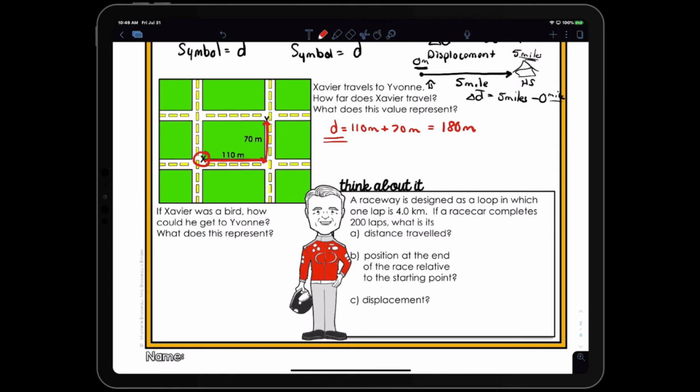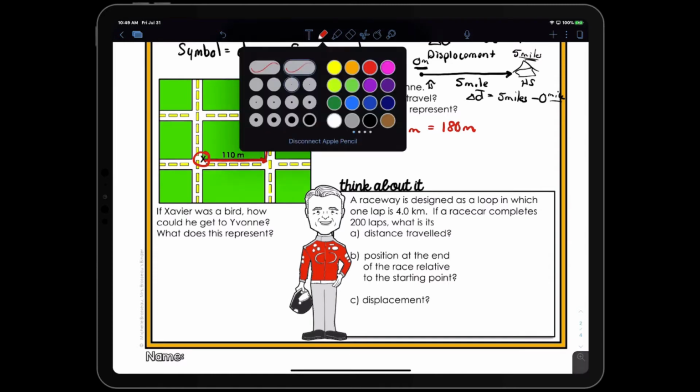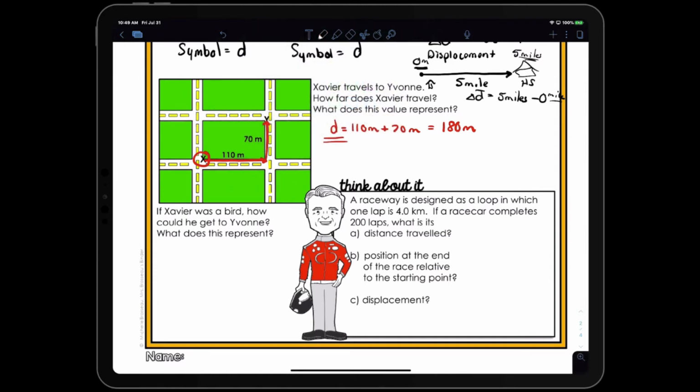It says underneath this, if Xavier was a bird, how could he get to his final destination? And what does this represent? Well, if we think of this as a bird flying from the point of origin, and we go in a straight line path like this line right here, this represents the displacement.